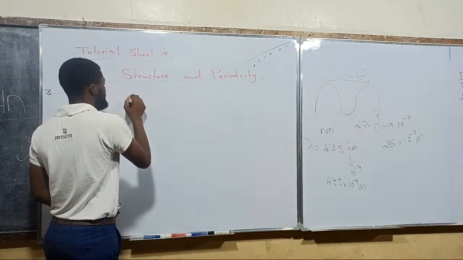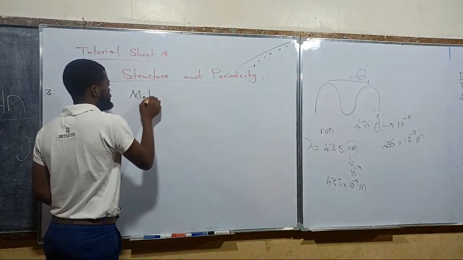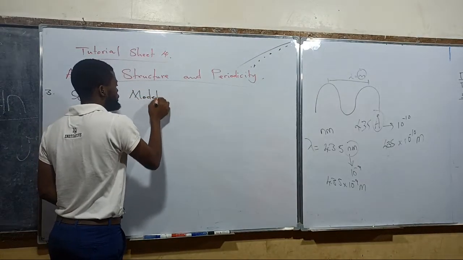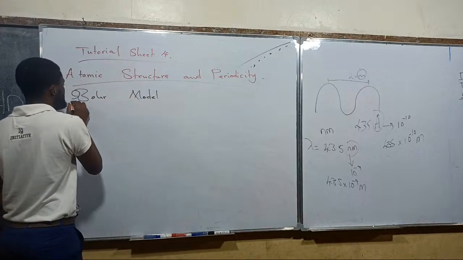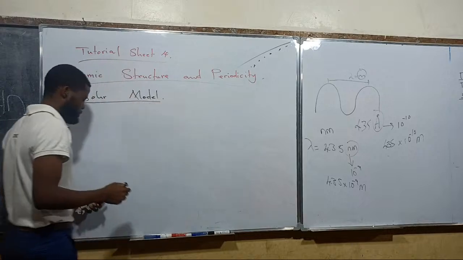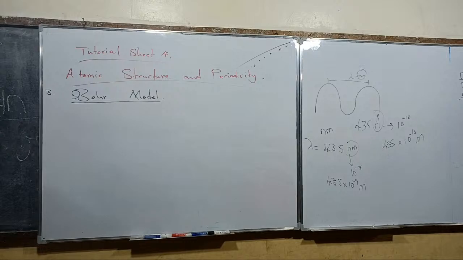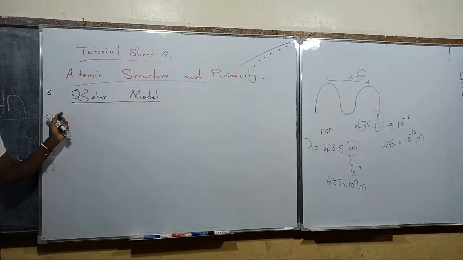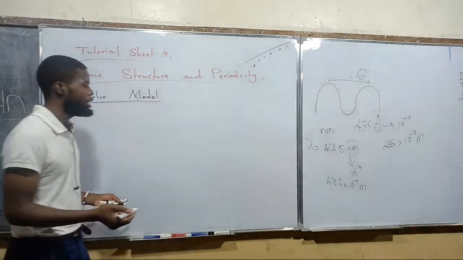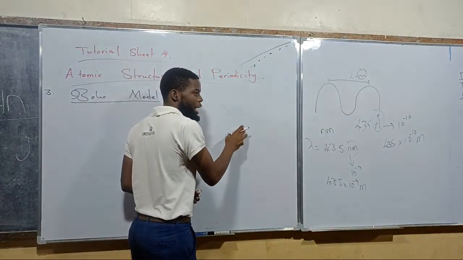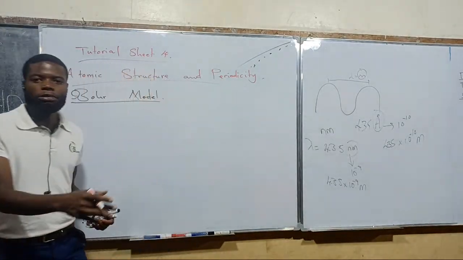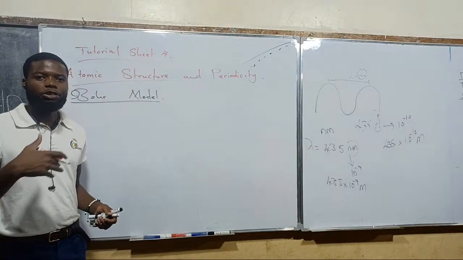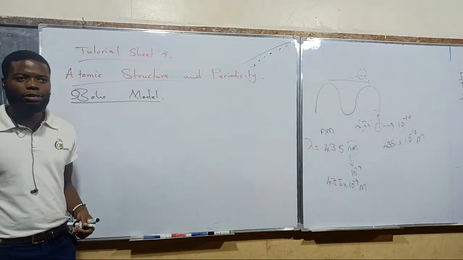So we talk of the Bohr model. In 1921 there was a Danish physicist called Niels Bohr. He postulated that an electron in the hydrogen atom is found circulating around the nucleus in certain allowed orbits.